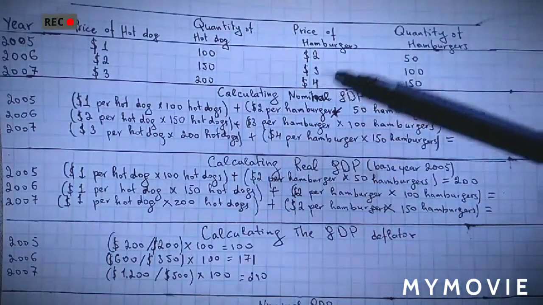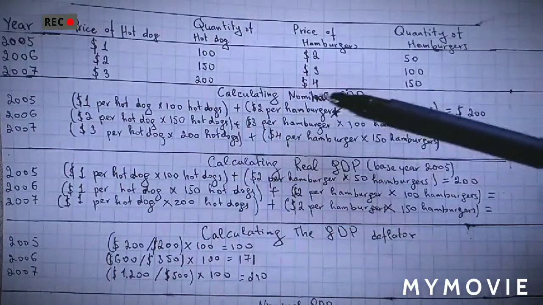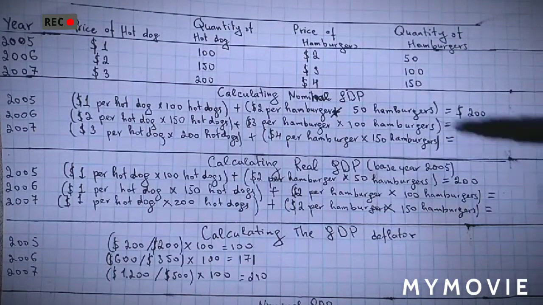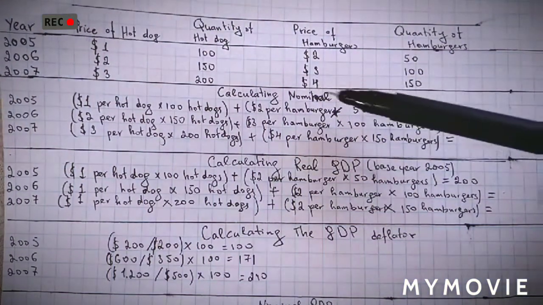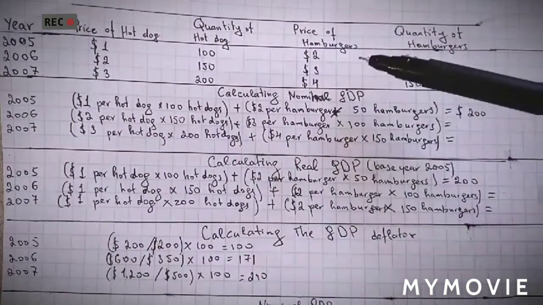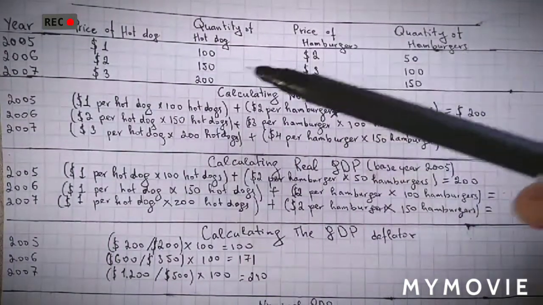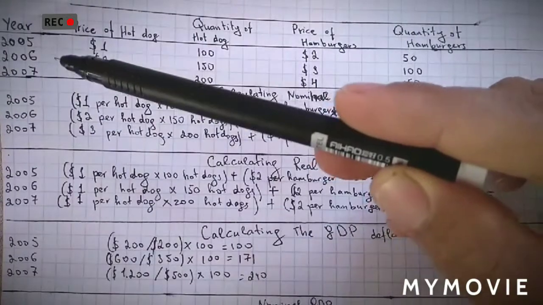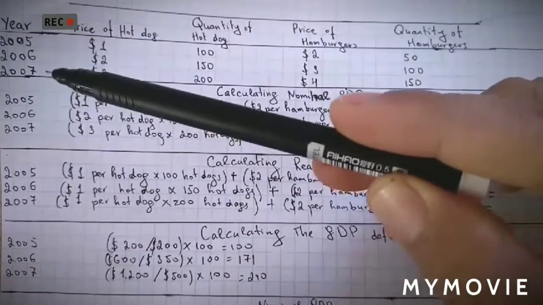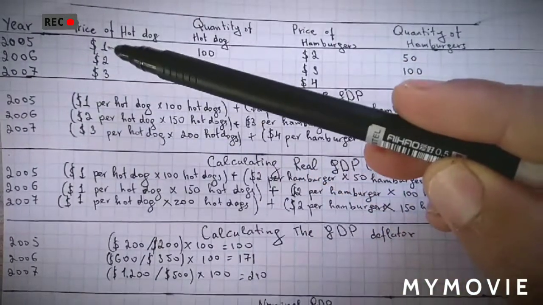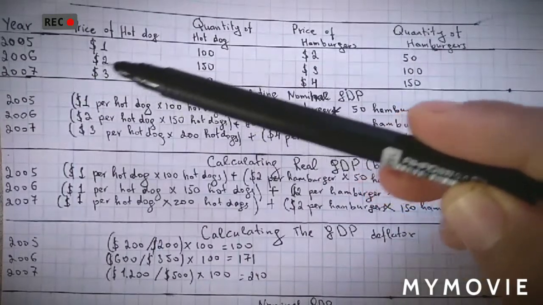Right now we try to calculate the nominal GDP and the real GDP compared to the present price and present quantities. Okay, first of all, there are three years: 2005, 2006, 2007, and the price is $1, $2, $3 for each year.